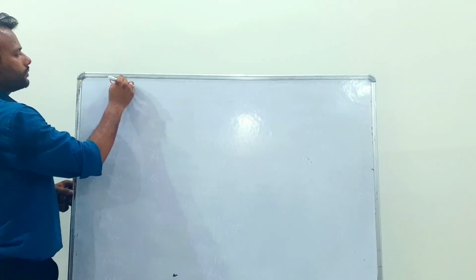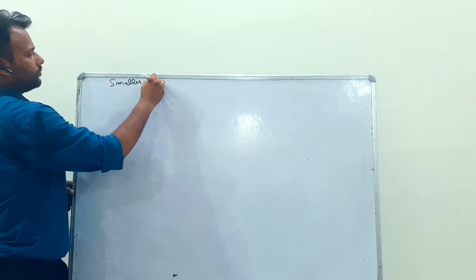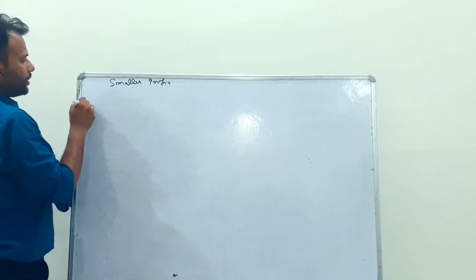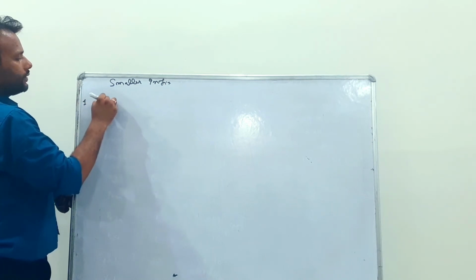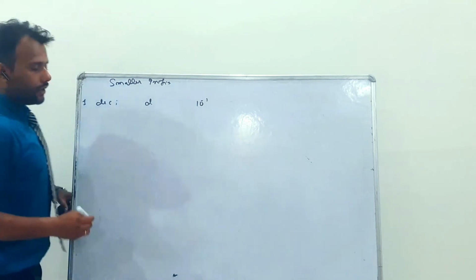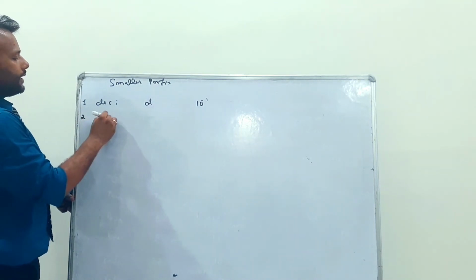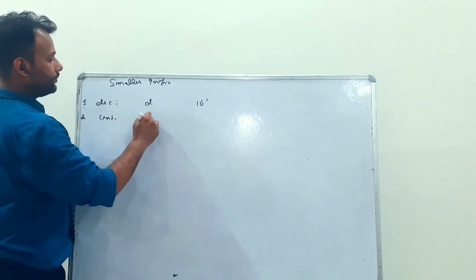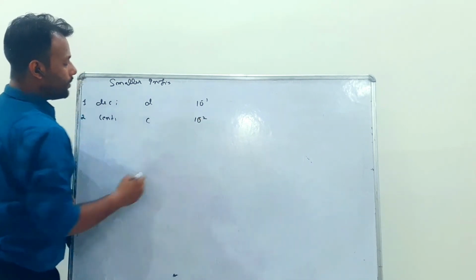Smaller prefixes. First, we have deci, small d, 10 to the power minus 1. Centi, like centimeter, 10 to the power minus 2.